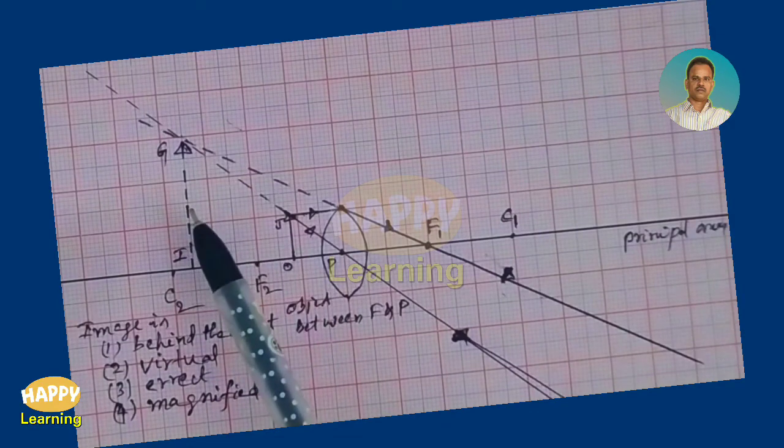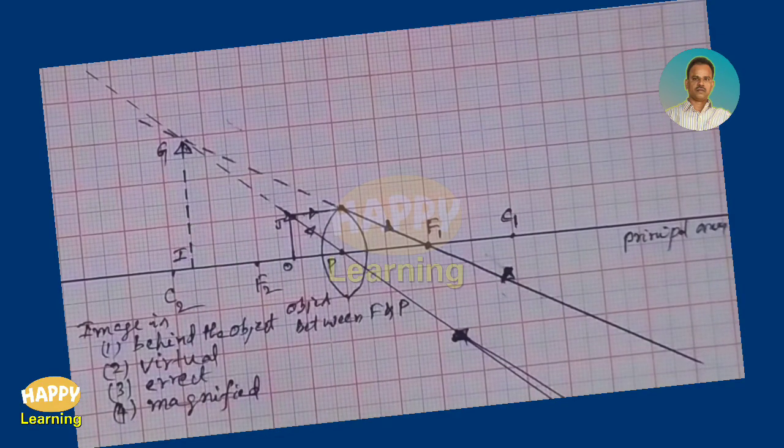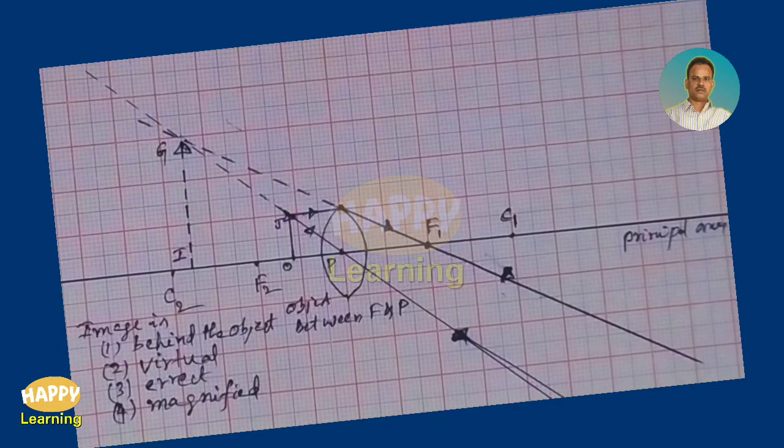Compared to the object, its size is increased, so it is called magnified. Okay, so these are 4 different cases we have discussed. Similarly, we can draw ray diagrams for an object at infinity and for an object at focus also. So you try for those two, taking an object at infinity and taking an object at focus.